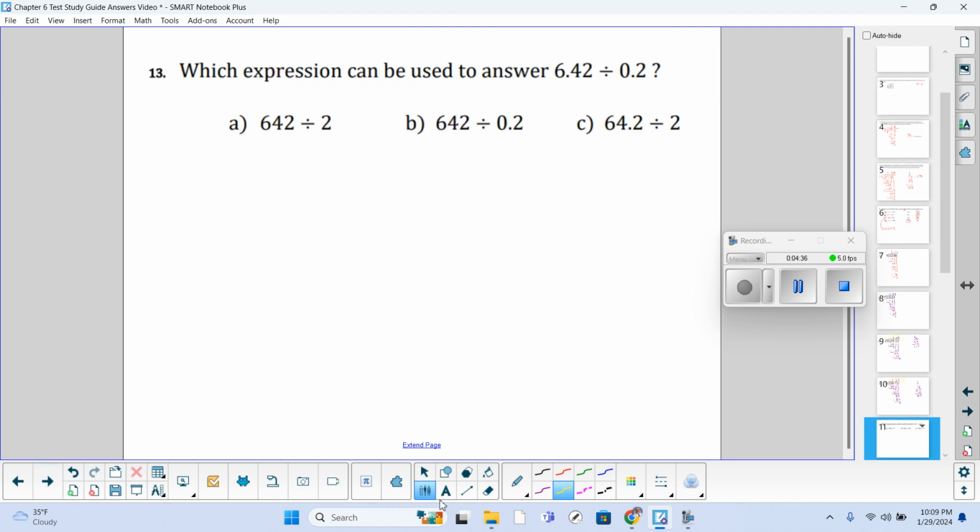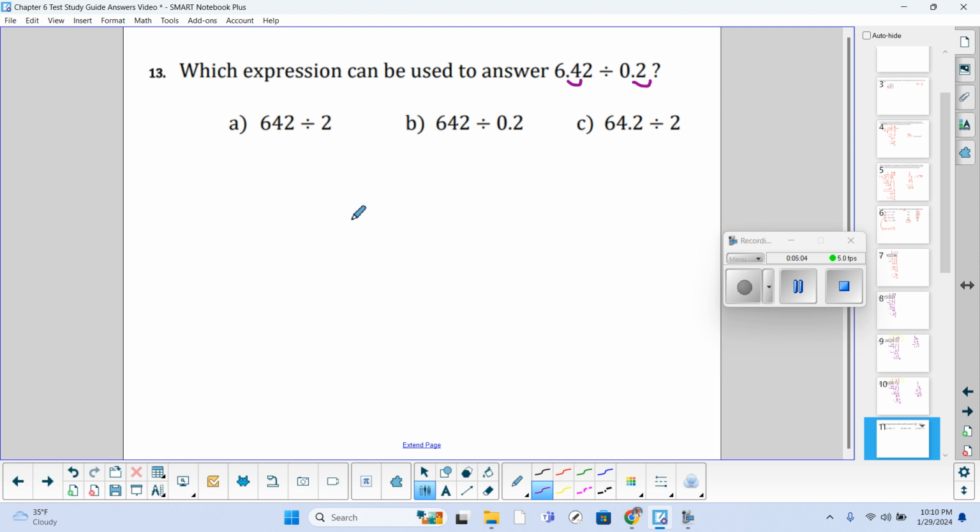All right, 13. Which expression can be used to answer the question 6.42 divided by 0.2? Well, if you remember, to get the decimal place in the right place, you must make the divisor, the number you're dividing by, a whole number, which means I would multiply by 10 or move this decimal 1 over.